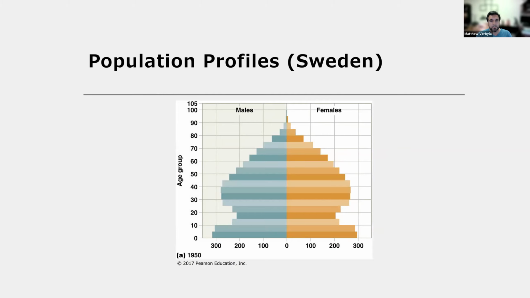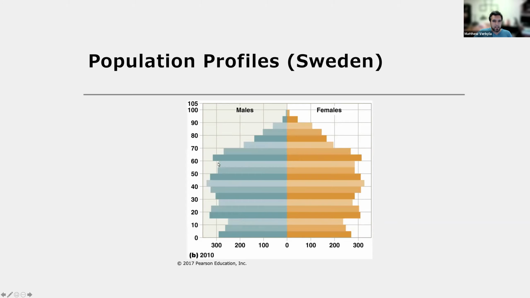Here's the population of Sweden in the 1950s, right? We've got a large bulge of individuals in their 30s and 40s. We've got very few individuals in their teens and 20s. And then we've got a larger number of children below 10 years old.